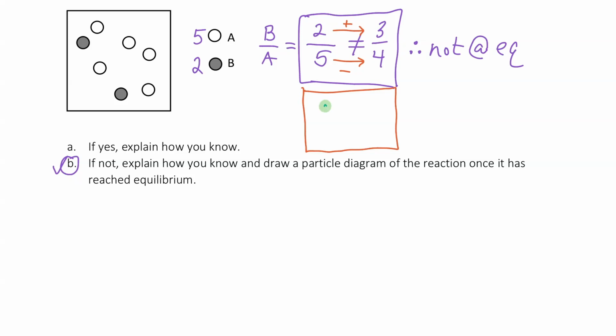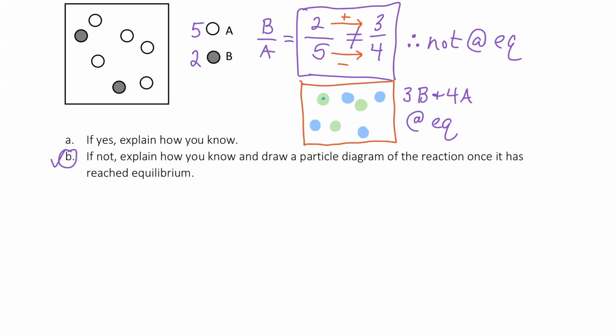So we're going to draw that. 1, 2, 3. 1, 2, 3, 4. 3B and 4A at equilibrium. Okay.